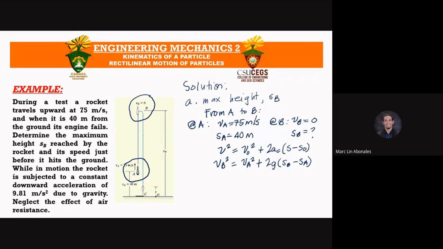For this one, we choose upward as the positive direction, because from point A to point B, the movement is going upward. Therefore, when we write the sense of direction beside our equation, upward would be the positive direction.